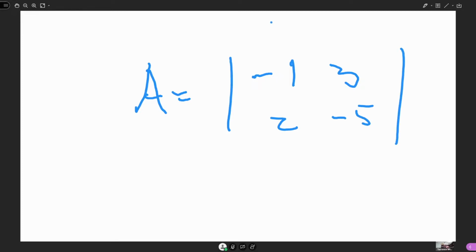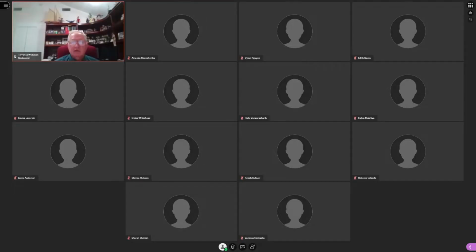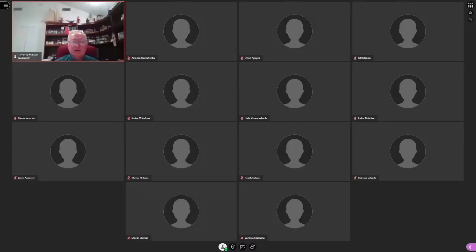This is 2 row by 2 column. It looks like this, and we're going to load it in our calculator like that. Let me just be sure one more time that I've got it right. And I do. So let's go to our calculator.